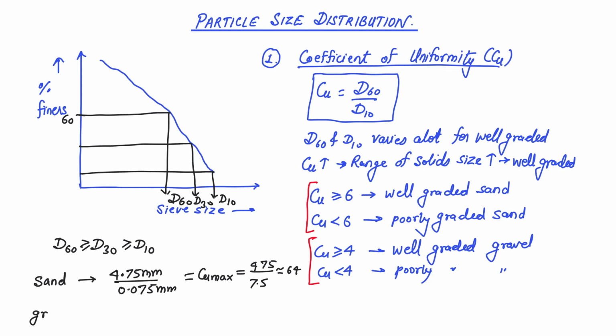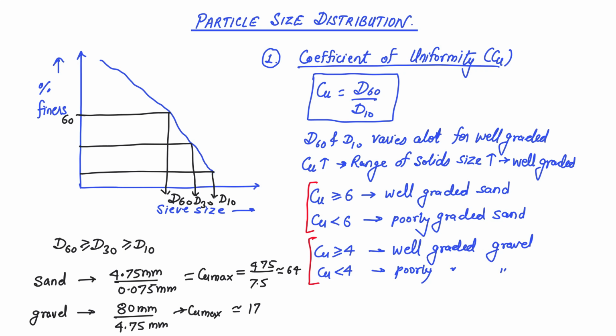Whereas for the gravel, the maximum size is 80 mm and the minimum size is 4.75 mm, and hence this is the maximum value of Cu that is possible for the gravel, and that will be around 17 or 18. So what is the maximum value indicating? The capacity of the sand to have more Cu is more.